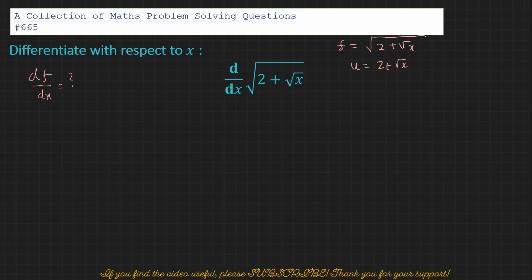So we can write that df out of dx equals df out of du, because f is square root of u, times du out of dx.